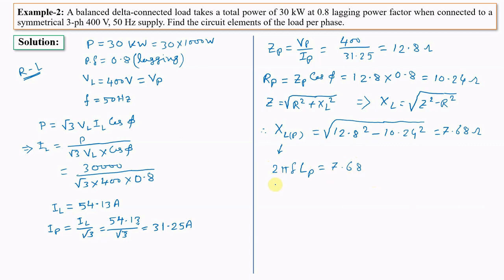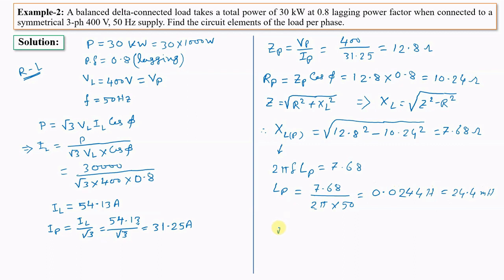Therefore, the inductance per phase will be 7.68 upon 2 pi into f, and the frequency here is 50 Hz. After solving, the value will be 0.0244 Henry, or we can write 24.4 millihenry.